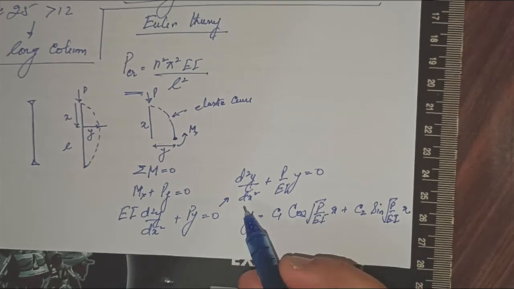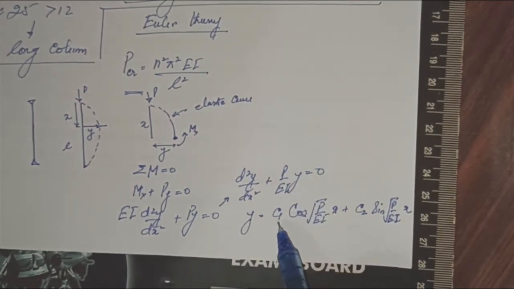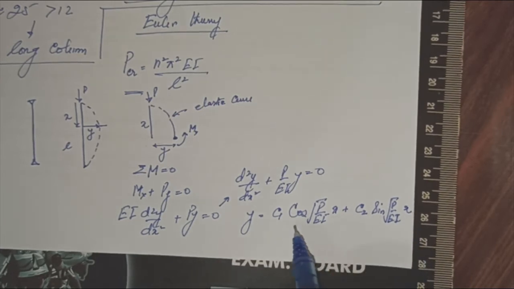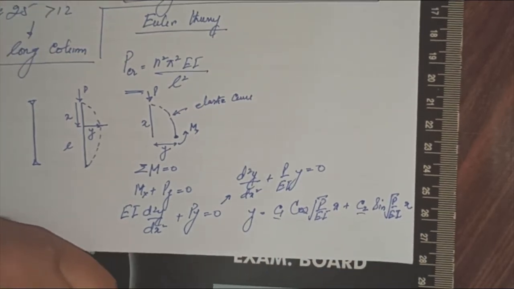P upon EI is the coefficient here. This is the solution to the second order differential equation: y equals C1 cos square root of P upon EI x plus C2 sine square root of P upon EI x.